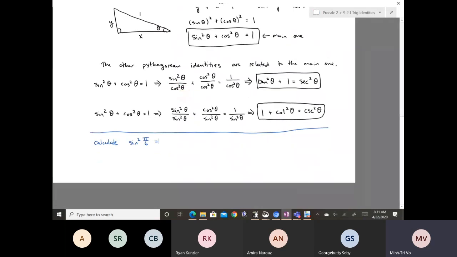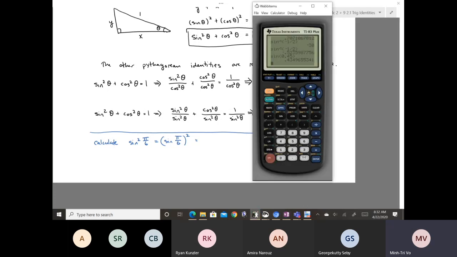So I would write it out like sine of pi over 6, and then this thing squared. In terms of the order of operations, you always do the thing inside the parentheses first. So what does this come out to be? Make sure I'm in radian mode.